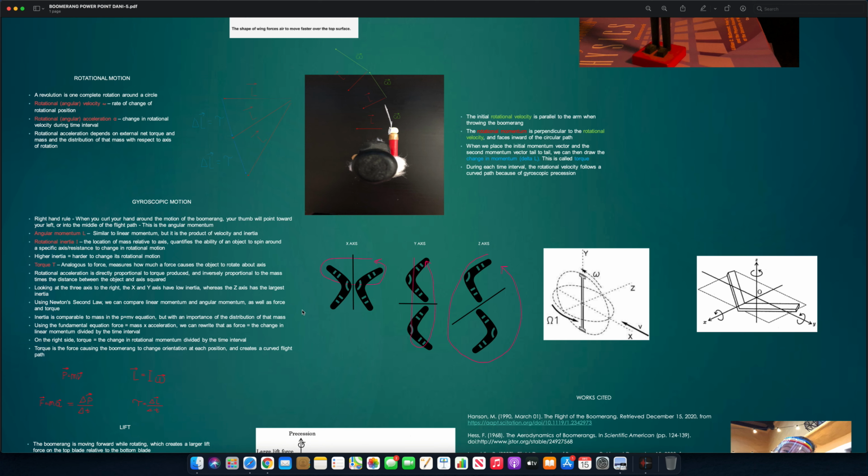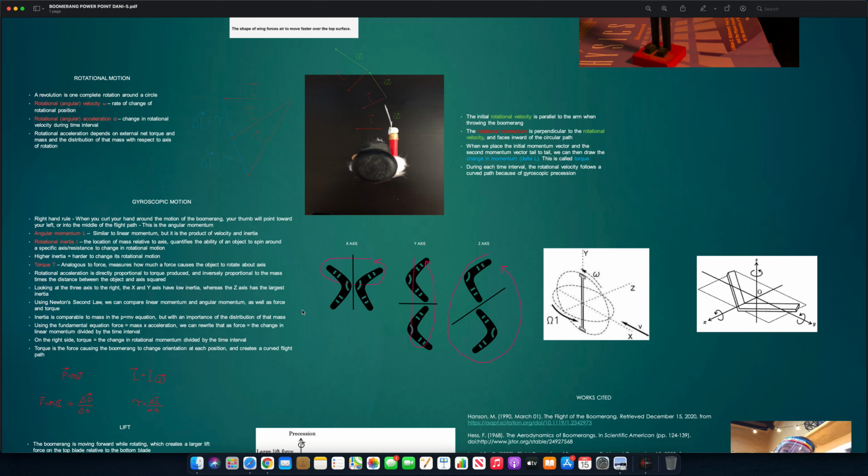And then angular momentum is similar to linear momentum, but is the product of velocity and inertia. Rotational inertia is the capital letter I, and it's the location of mass relative to the axis. It quantifies the ability of an object to spin around a specific axis, or the resistance to change in rotational motion.